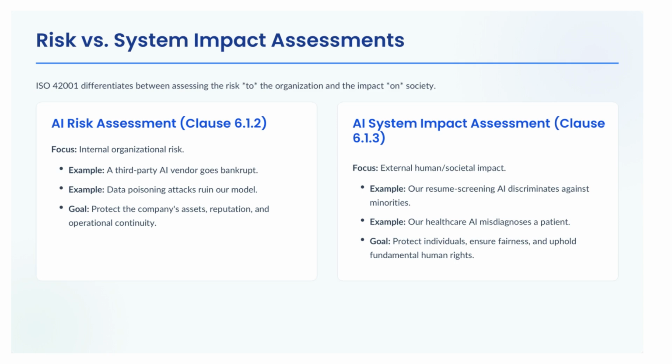The business risk is low, but the human impact will be severe. If you only run the risk assessment, that system passes, which is precisely the gap 6.1.3 exists to close. And note the uncomfortable corollary: doing the impact assessment can produce findings that are bad for the business but right for the people affected. And that's the point here.